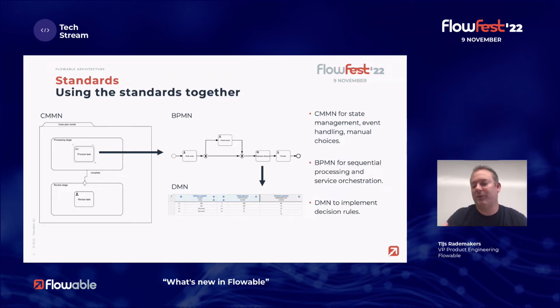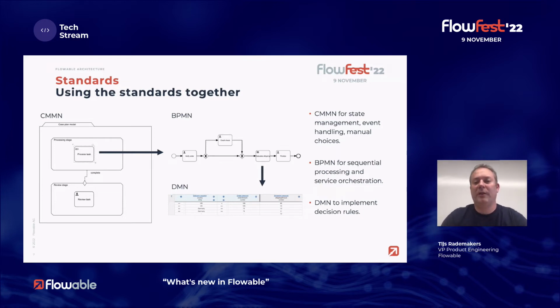So if the sequential order is really well known, and there are not a lot of manual interactions where you can say, I don't want to start a credit check, but I actually want to start another task, then BPMN is really good because it's straightforward, it's clear what needs to happen, the flow is clearly laid out. Then BPMN is a great way to use.